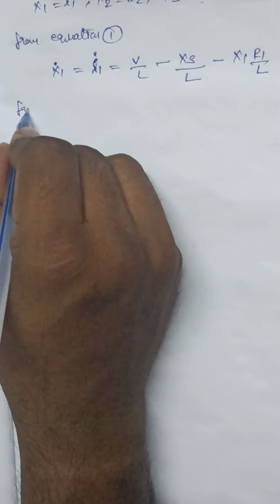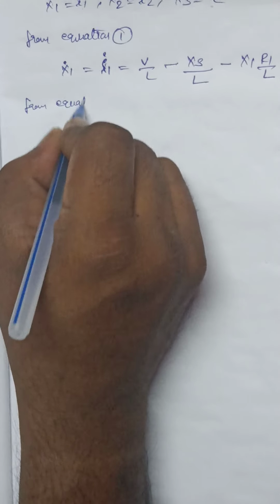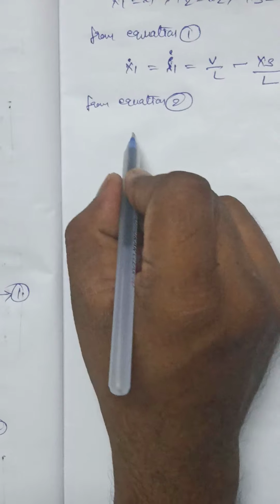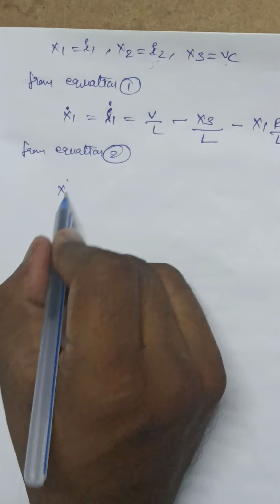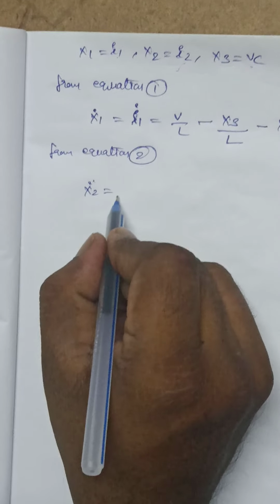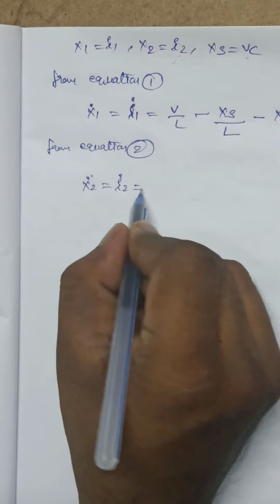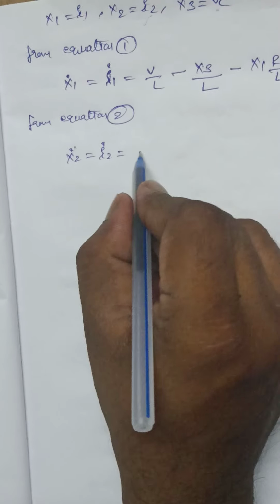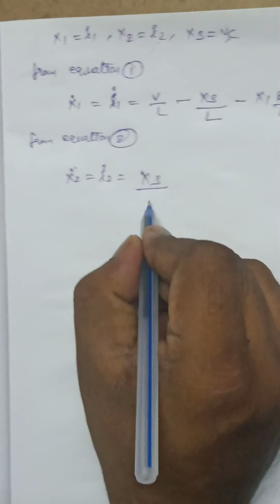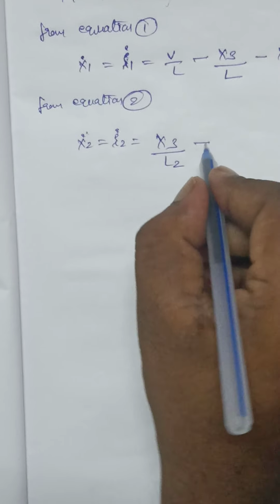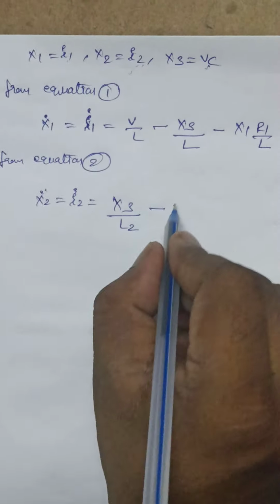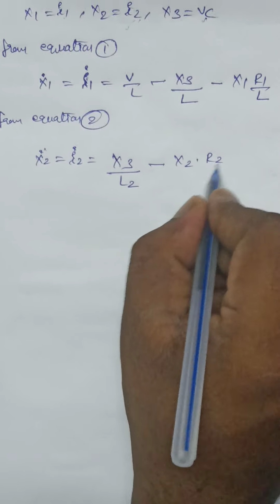Next, from equation number 2, I2 dot is equal to x2 dot, that is dx2 by dt, which is equal to Vc, which is x3, by L2 minus I2, which is x2, into R2 by L2.